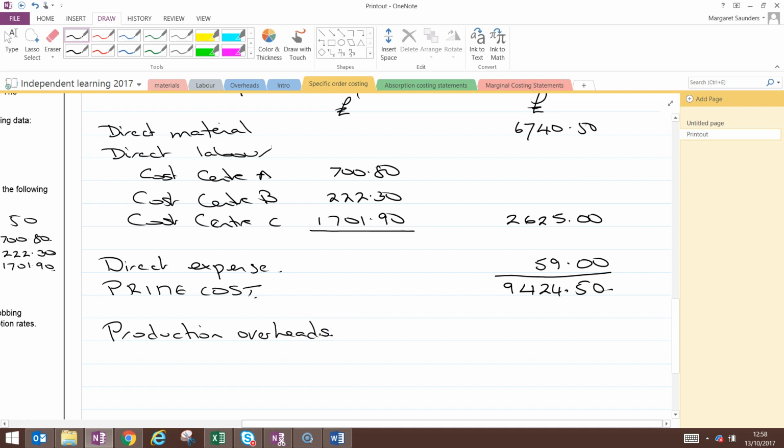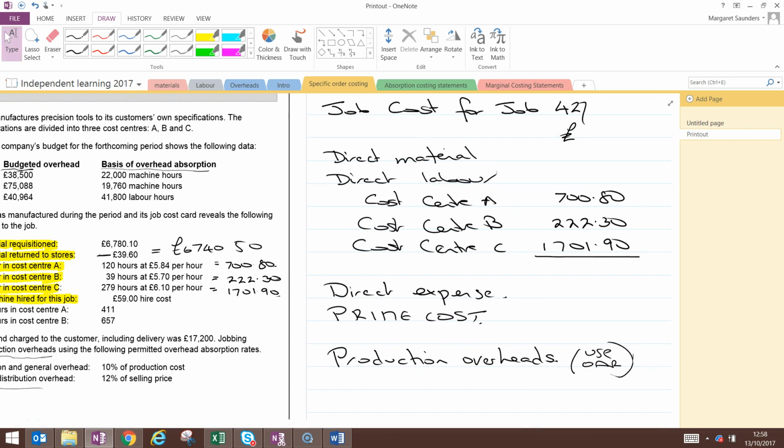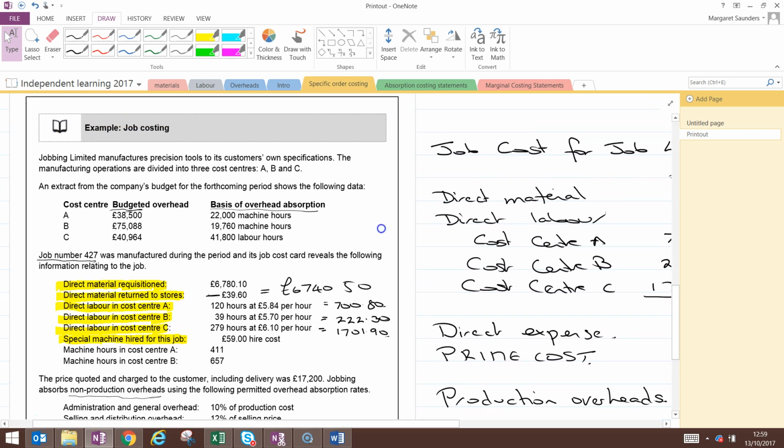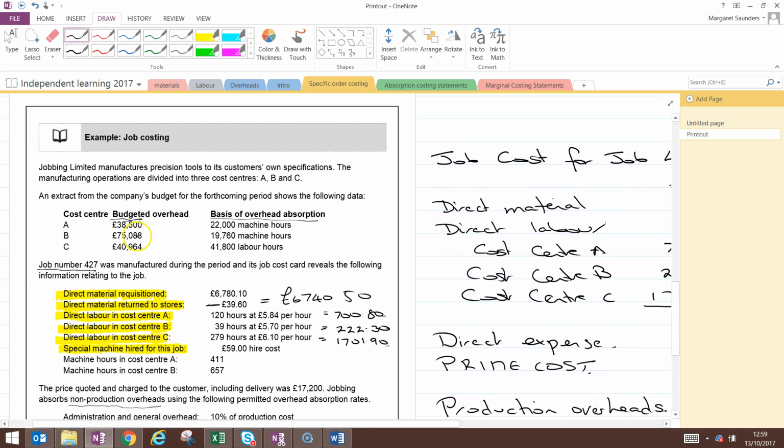To add the production overheads, you have to use overhead absorption rates. So if we go back to the information given, we're told that the budgeted overheads for cost centre A are 38,500, and we absorb on the basis of 22,000 machine hours.